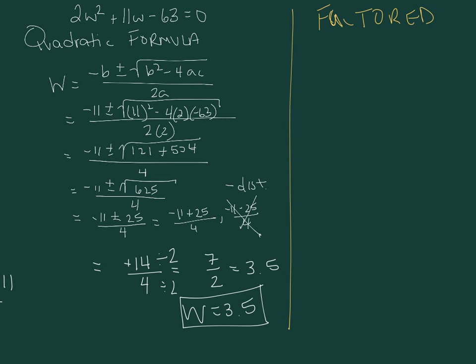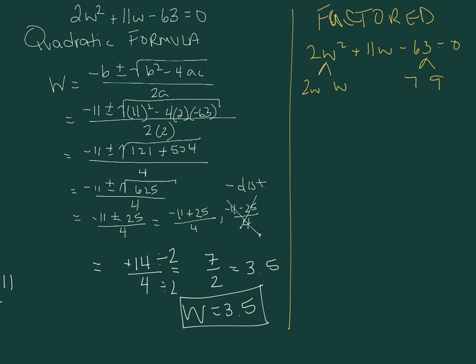My pen doesn't want to write. You could have done a factoring method, which would have taken you from 2w squared plus 11w minus 63 equals 0. You would have looked at 7 times 9, and you would have looked at 2w times w. Well, 2 times 9 is 18.